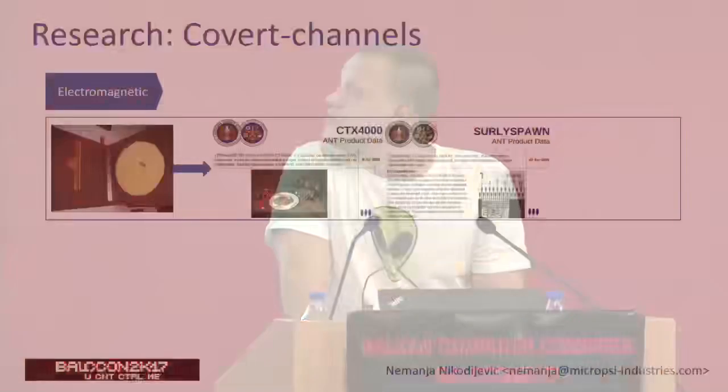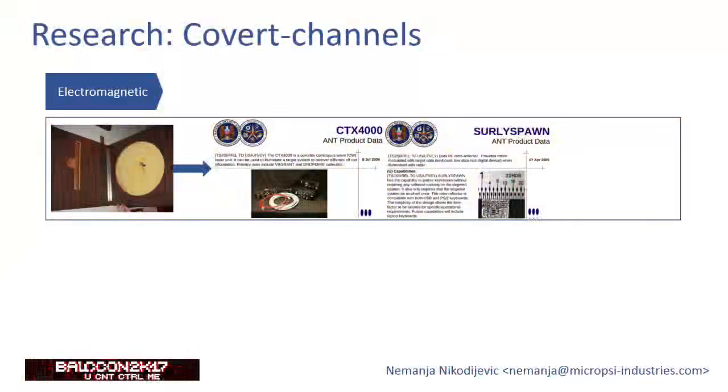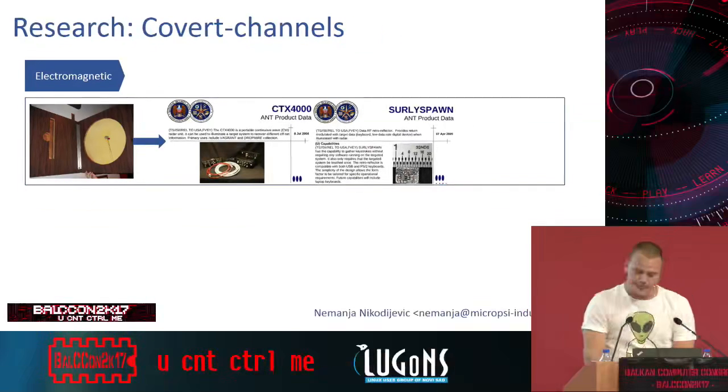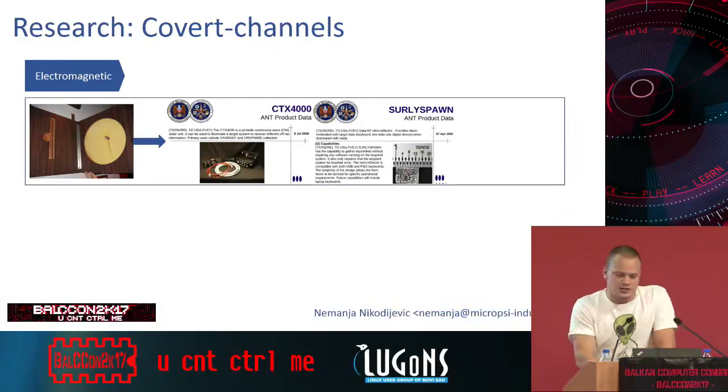And fast forward. In documents leaked by Edward Snowden, we see a similar system that uses continuous wave radar to illuminate a planted bug that is completely passive, and then that bug reflects back the desired signal, which can be either a video signal or a digital signal.